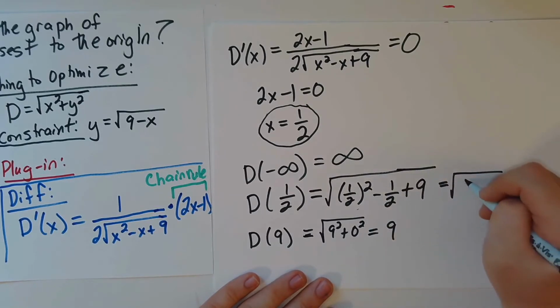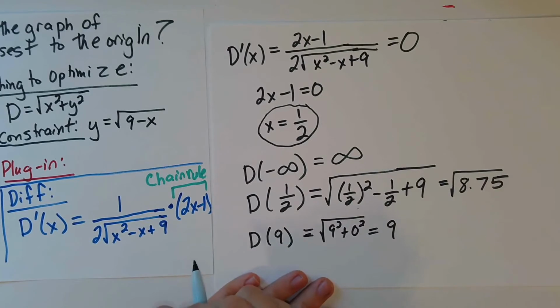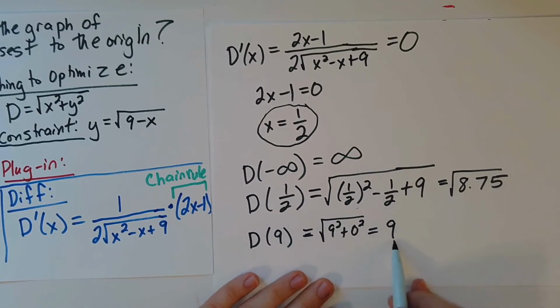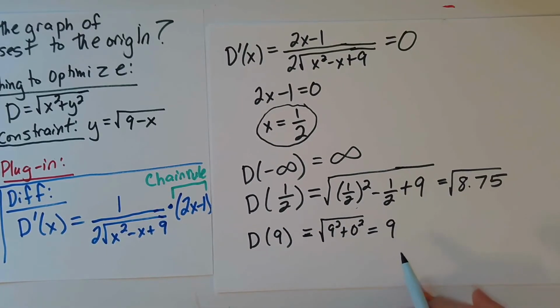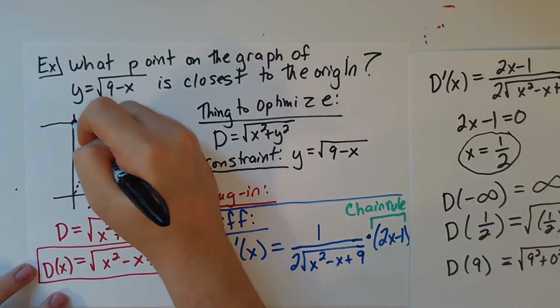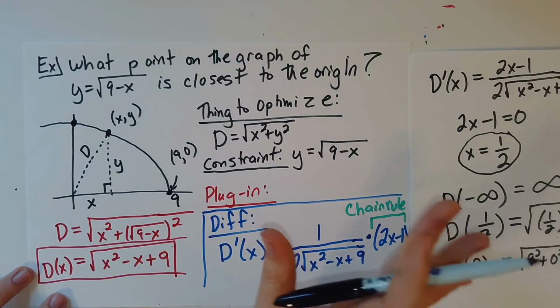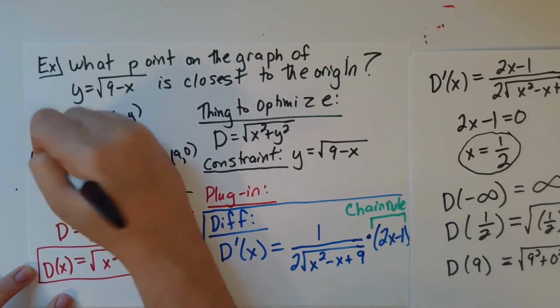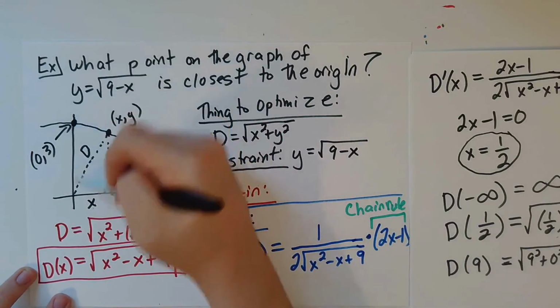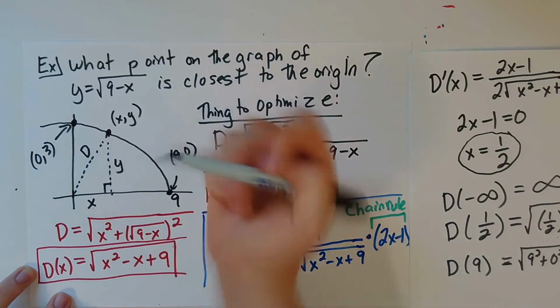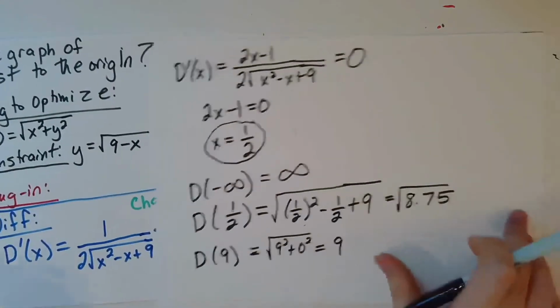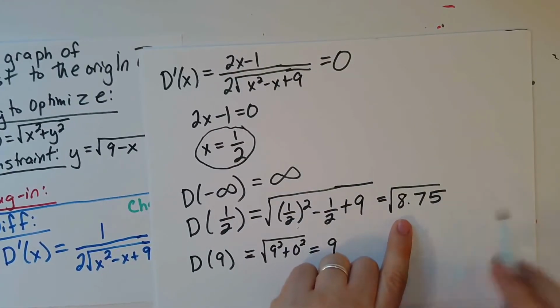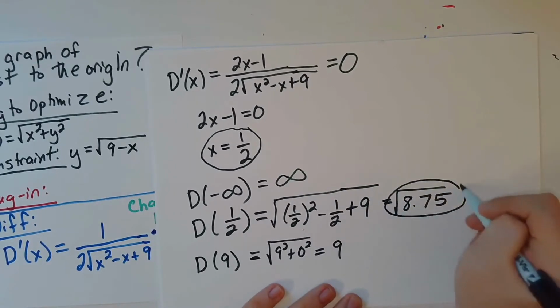This would be the square root of 8.75. Note, this is way less than 9. In fact, if you wanted, you could check that this point up here, which I didn't have to check because it wasn't a critical number and it wasn't an endpoint. But this point is 0, 3, so that point is definitely 3 away from the origin. But this number is less than 3, so this is the closest distance that I can get.